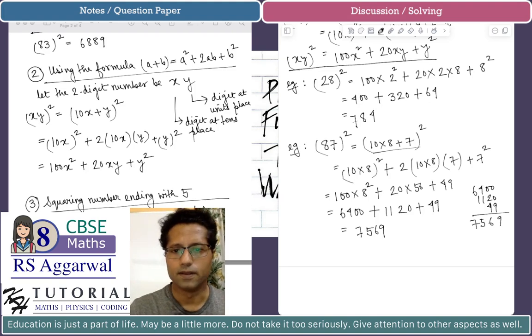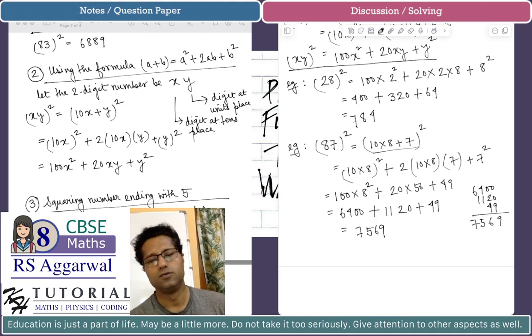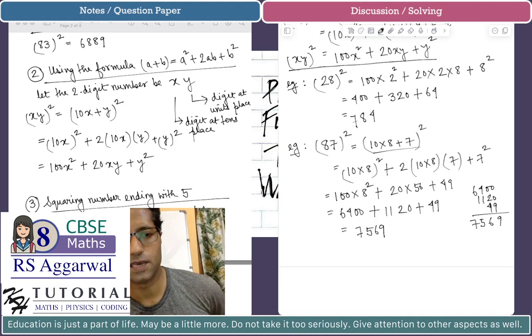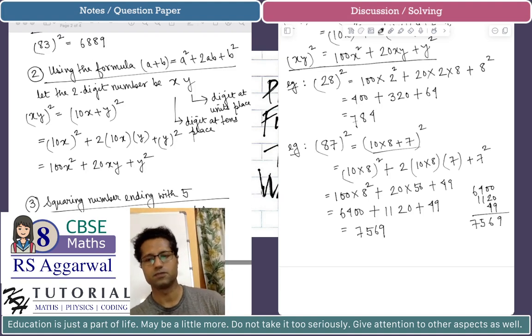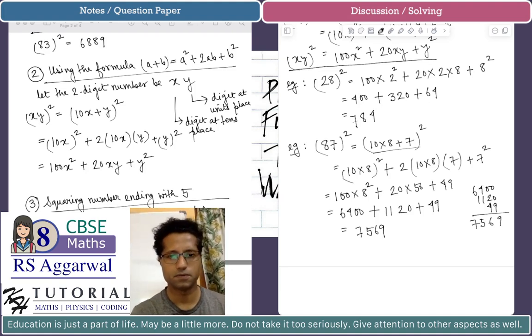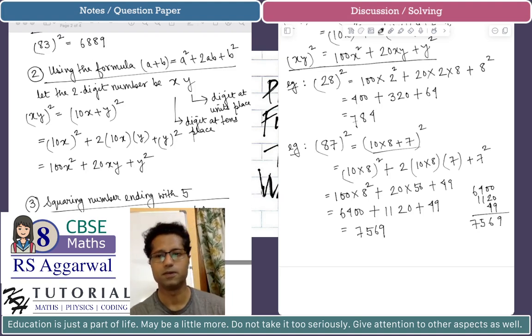Okay, fine. So I hope you got the idea of how to find the square of a two-digit number using the formula a plus b whole square. If the two-digit number is xy, where x is the digit at the tens place and y is the digit at the units place, then you can write the number as 10x plus y, and to square it you have 10x plus y whole square, and then you apply the formula of a plus b whole square.